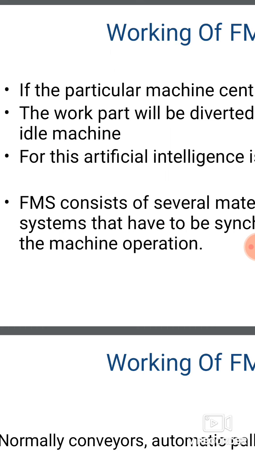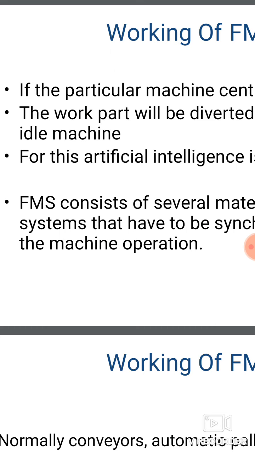So what it is telling is, if there are a few machines continually, one machine for facing, one for turning, one for another work, it continues like that. If the first machine is having some work, the workpiece will go to the second machine where it is idle. So that work it will do. Next it will go to the third machine. If the third machine is already engaged with some work, it will go to the fourth machine.